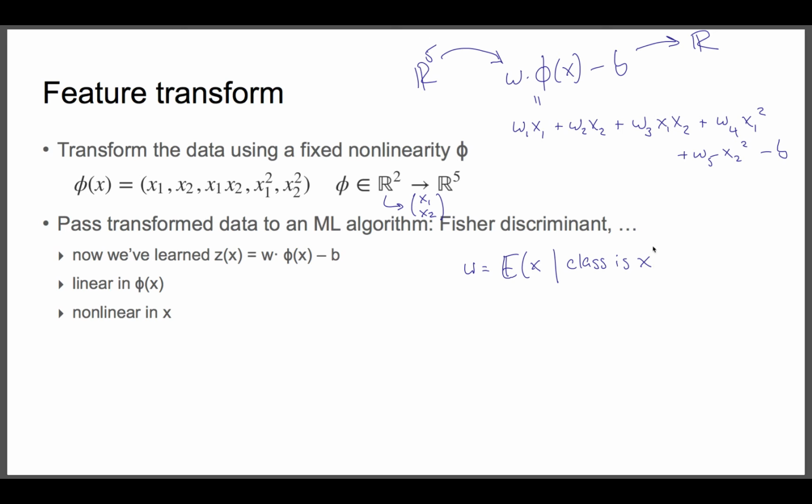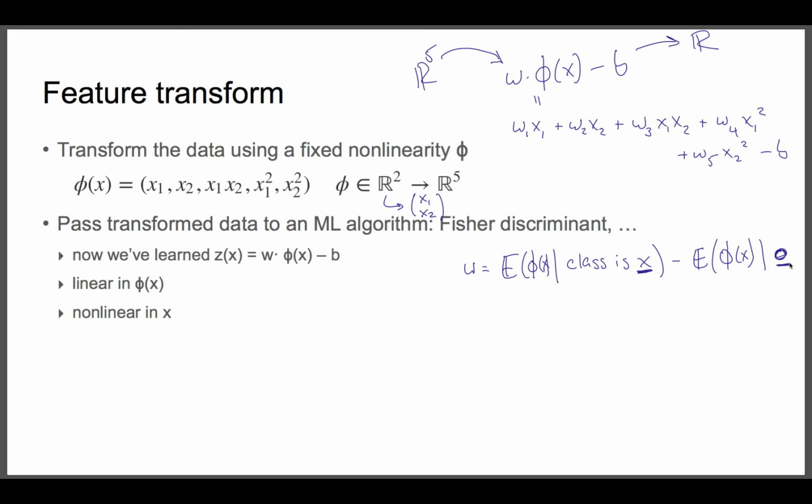I need to do something to distinguish the cross from an X in my handwriting. I'm going to just put an underline under the class label. So the underlined version is the class label, and the X is the variable. And instead, so we had E of X before, and now what we're going to do is E of phi of X, minus E of phi of X given the other class, the circle.